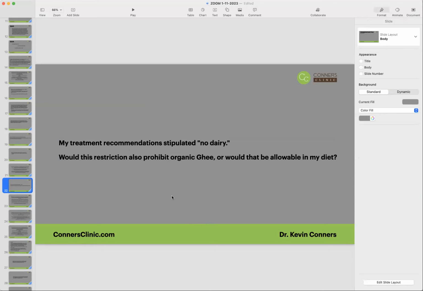Is that bad? Okay, remember, this is a diet. This is a recommendation. This isn't a cult. So of course you could do that. It's just, hey, I'm not going to be eating cheese. I'm restricting the greater part of dairy consumption that I've had.